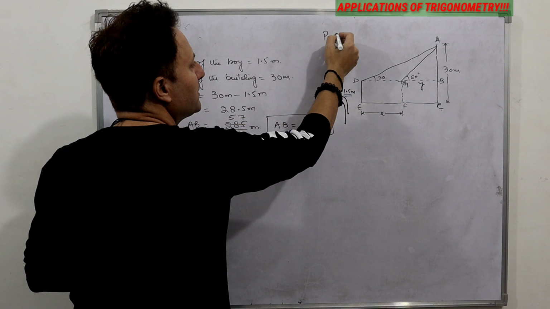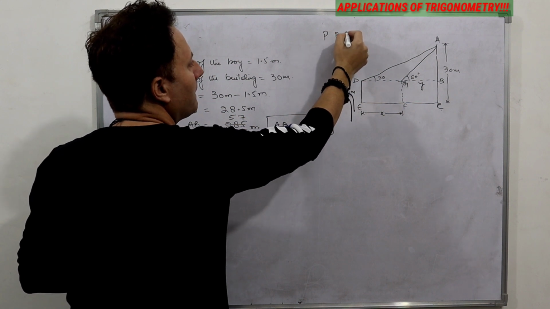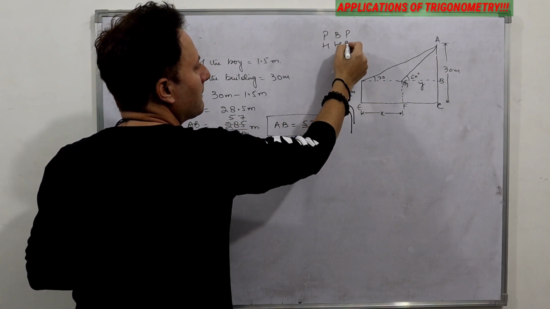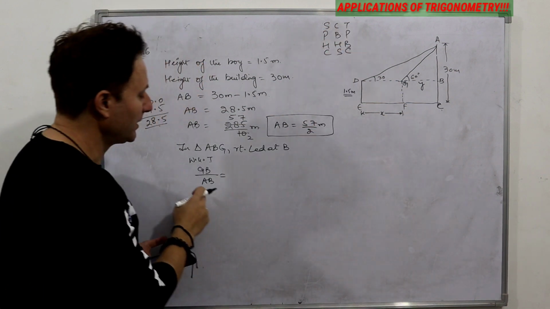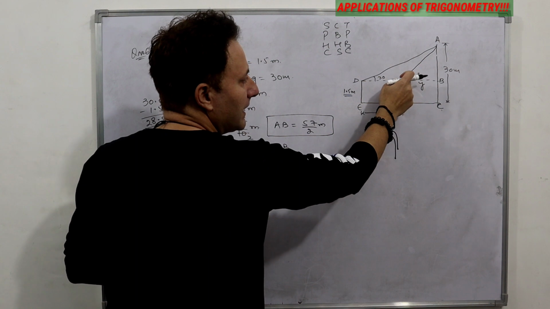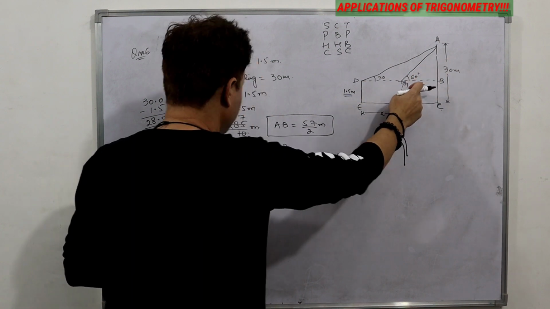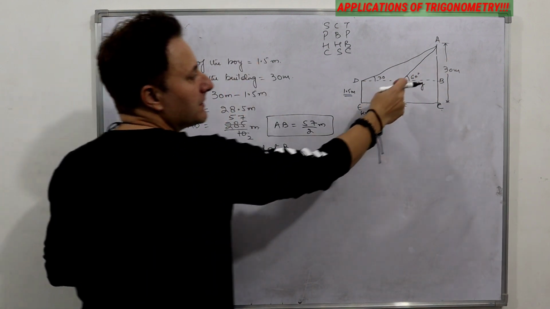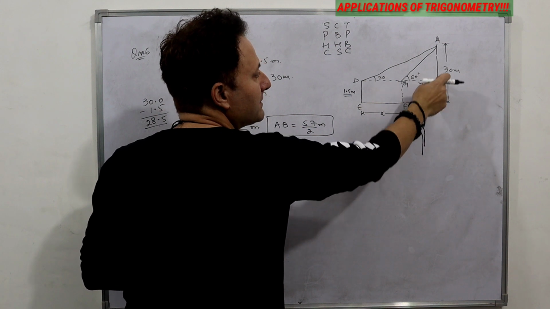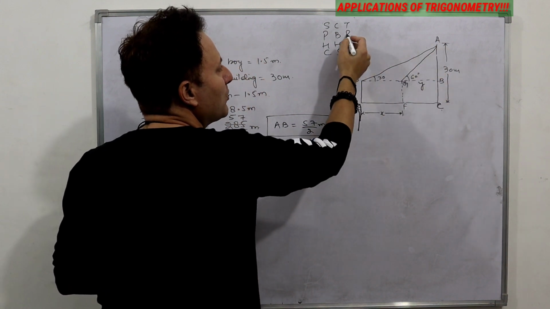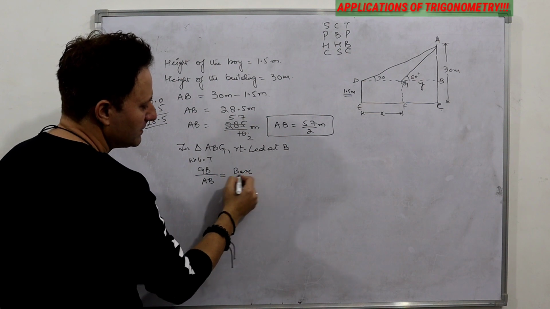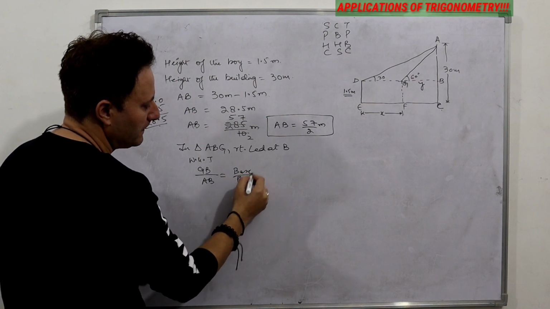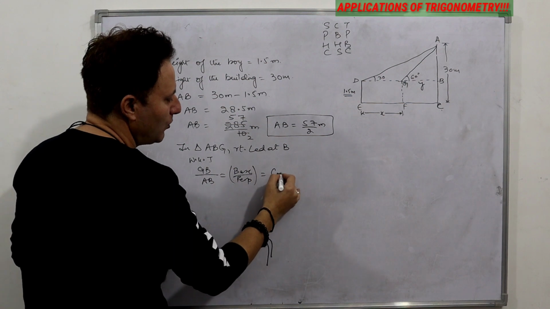This thing is pretty much clear in your mind: sine, cos, tan, cosec, sec and cot. So what am I taking here? This is the angle, this is perpendicular and this is base. So I'm taking GB first, that is base upon perpendicular. Base upon perpendicular is cot.